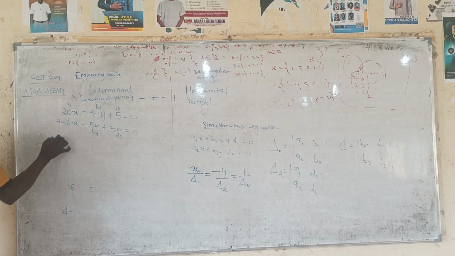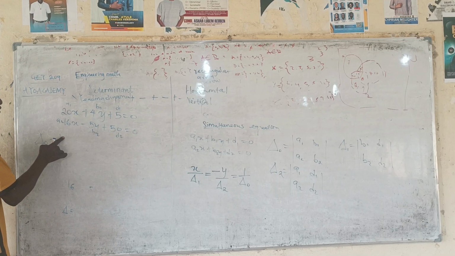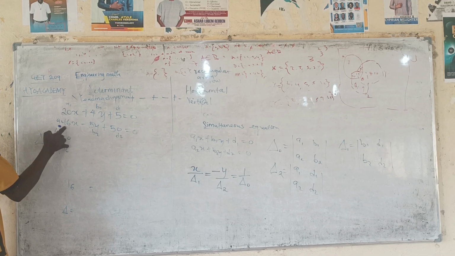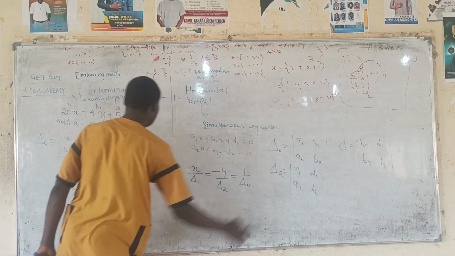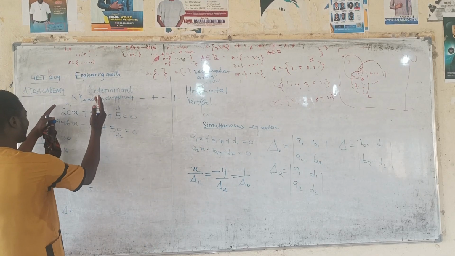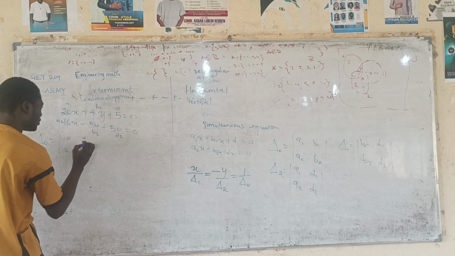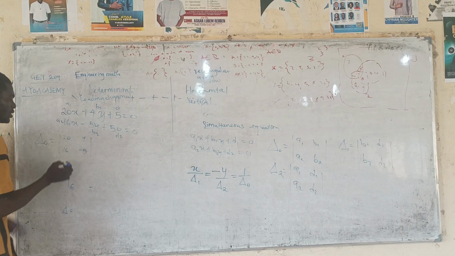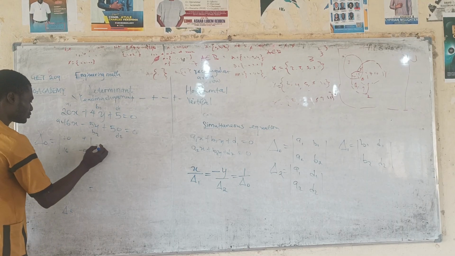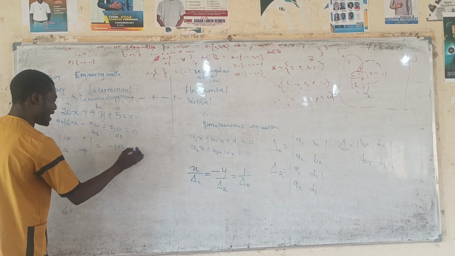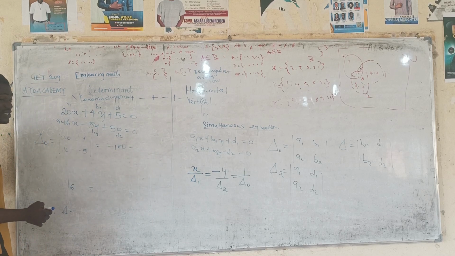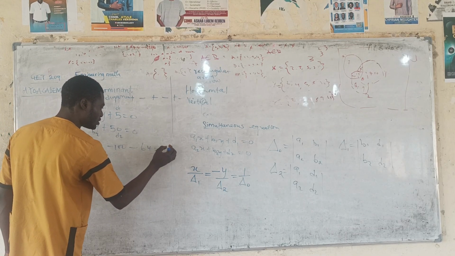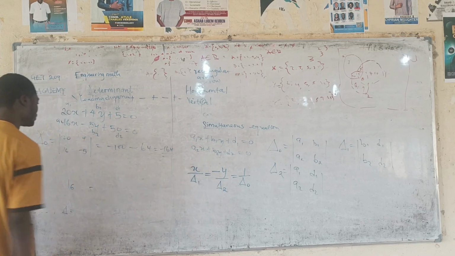What will be here is 2, and 16, and 4, and minus 5. Now this one times this one gives minus 100, minus this one times this one, 64. So minus 100 minus 64 is minus 164.